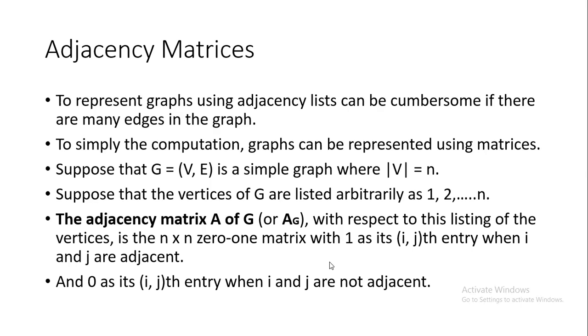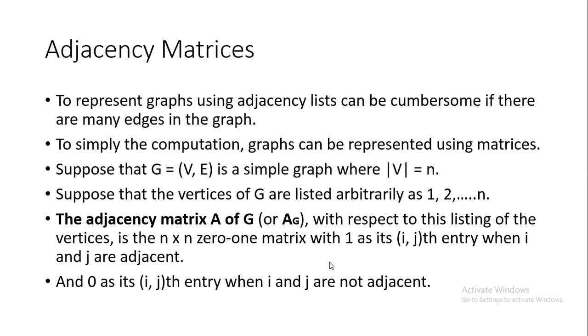Suppose that G = (V, E) is a simple graph, where V stands for the vertices and there are n vertices. Suppose that the vertices of G are listed arbitrarily as 1 up to n.